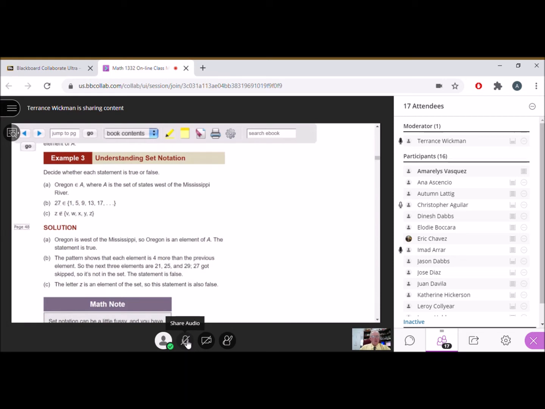We have to figure it out. 1, 5, it's every 4 numbers. After 25 comes 29. 27 is not in this, so for B the answer is no. This one says Z is not an element of this, and of course it's there, so this is also false. So 3 is kind of tricky, but I hope that makes sense.